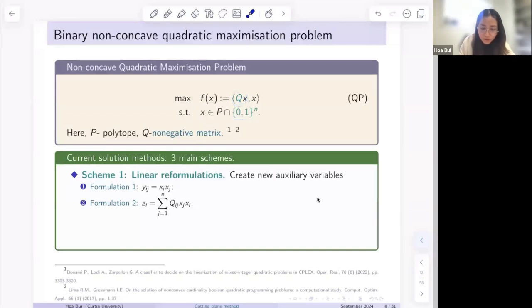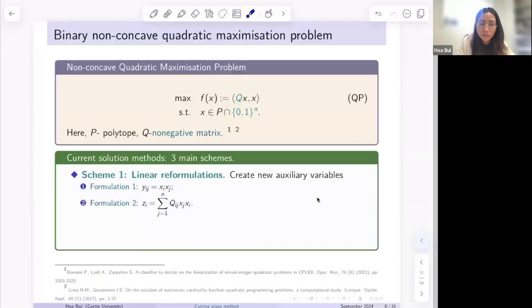The first approach is to change the quadratic problem into a linear problem, using linear reformulations. This approach is very generic. It can apply to any quadratic problem. We create new decision variables that represent the nonlinear part, and then we solve the new linear model. In general, there are two popular formulations.